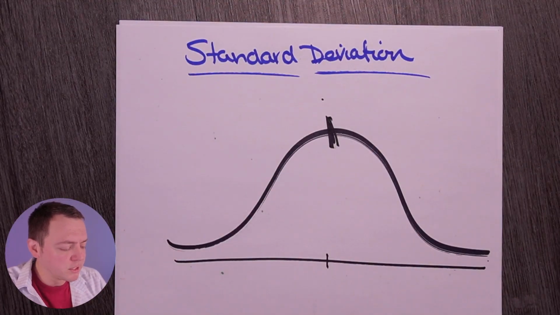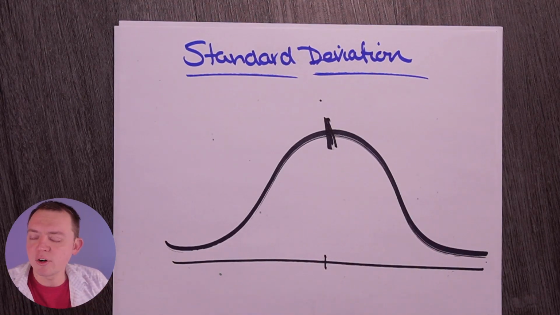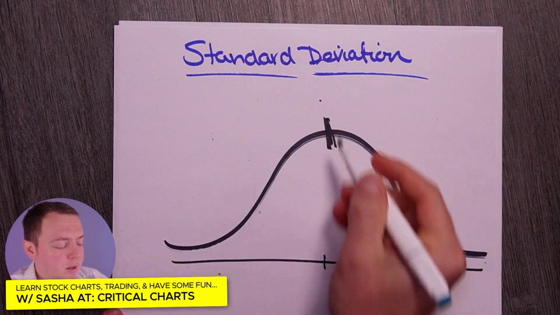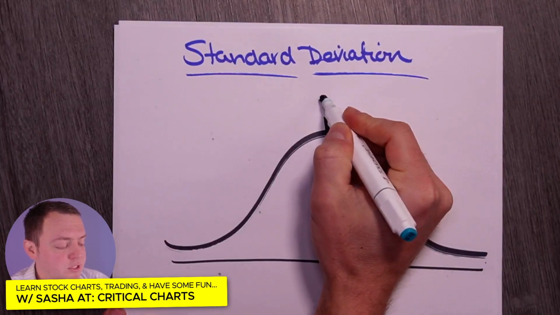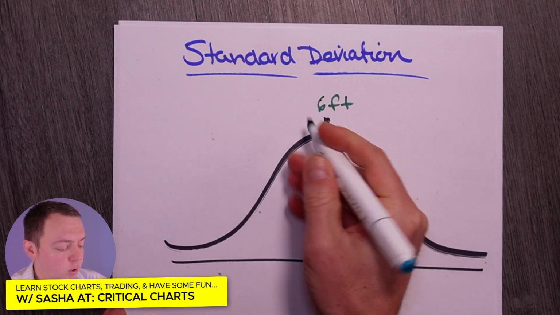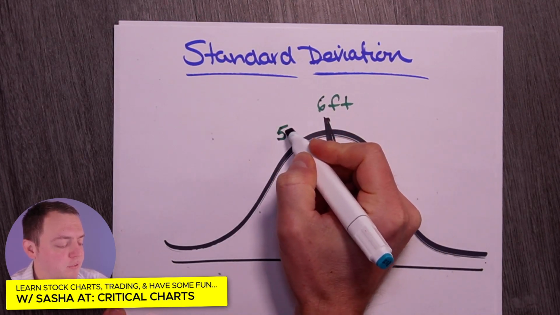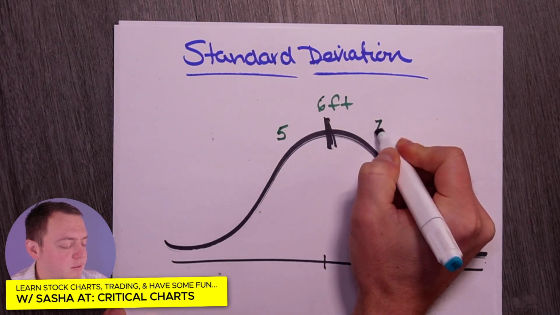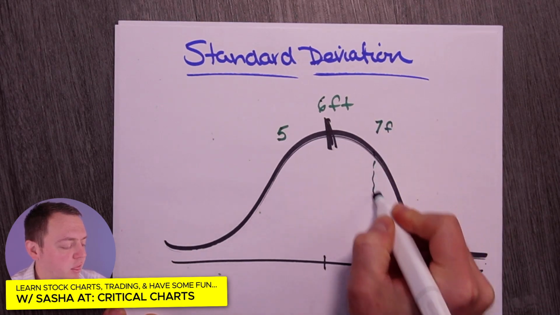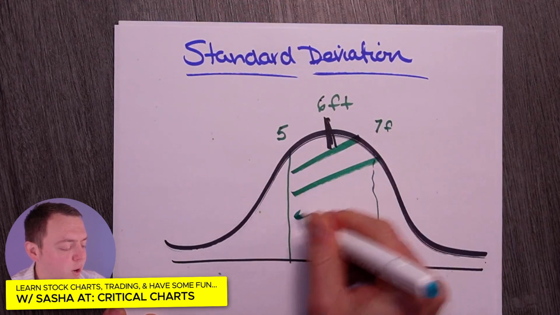One of the simplest examples, and I'm just going to use this as a general guideline, is to say people's average height is 6 feet. And let's say the core, or most people's height, is somewhere between 5 feet and 7 feet. So this is the bulk or the majority. They'll fit in this bracket.